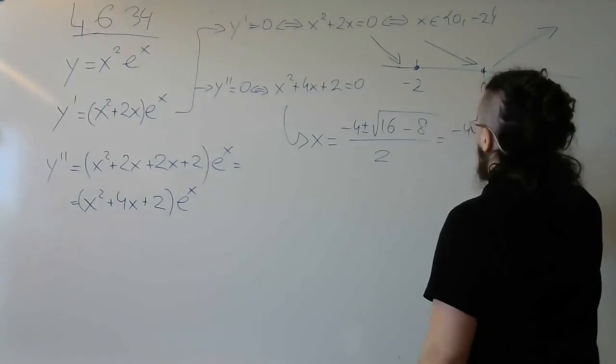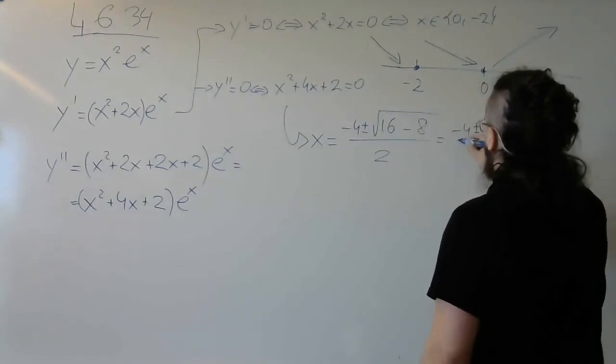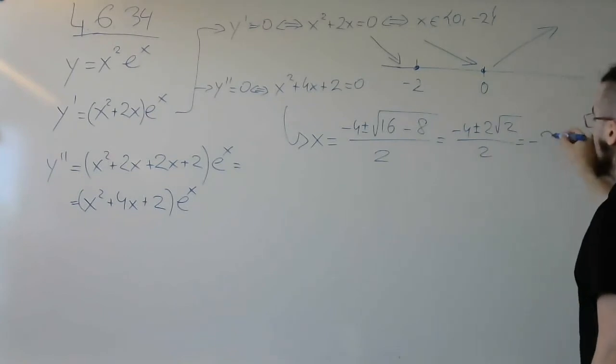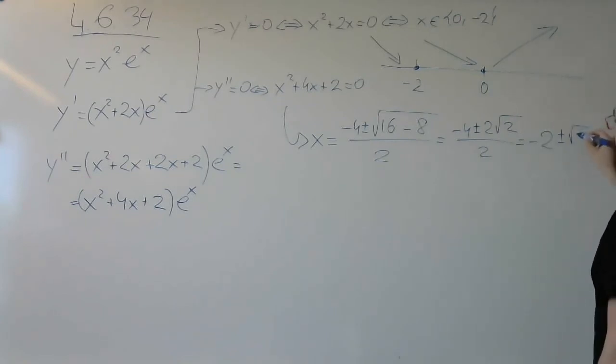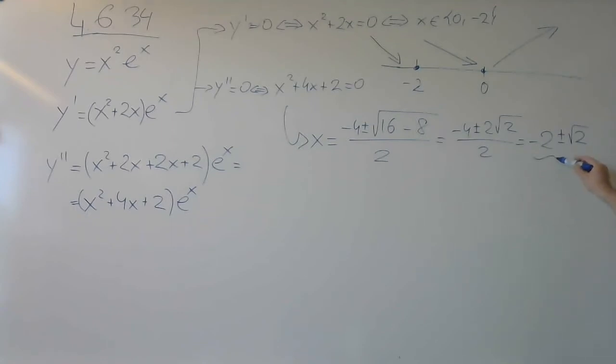This is -4 plus minus 2 square root of 2, divided by 2, which is -2 plus minus square root of 2. Okay. So you have 2 points where concavity and convexity change.